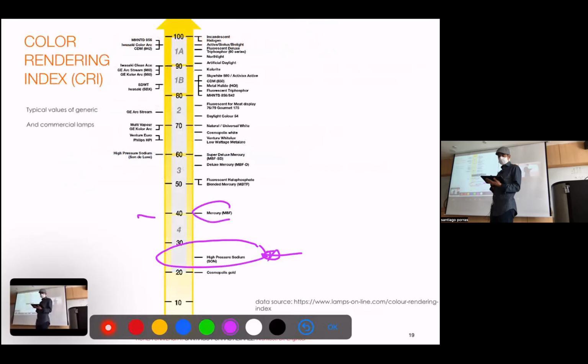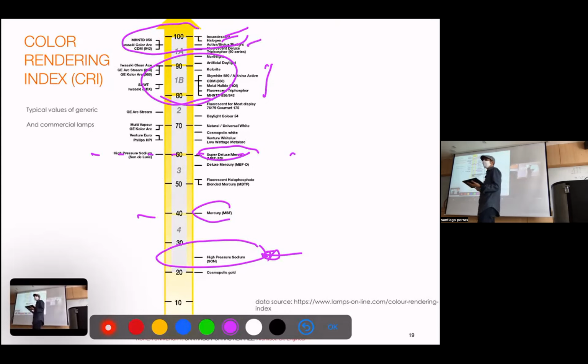Mercury is a bit better. You have better quality mercury, which was really astonishing, 60%. The area we want to be in general is between 80 and 90, right? And you will see that at 100, we have incandescent, halogen, and very good quality fluorescent.